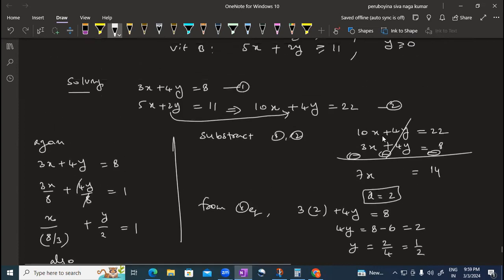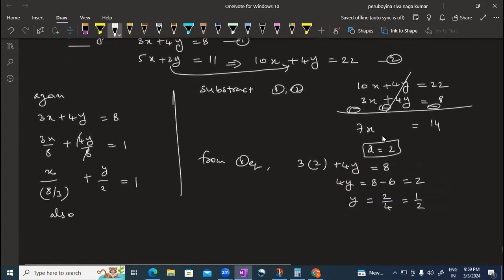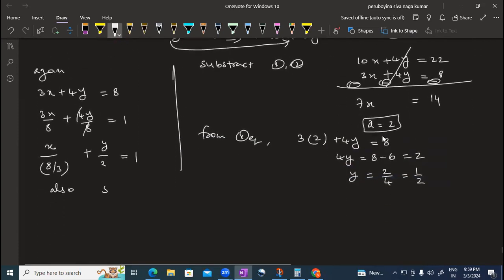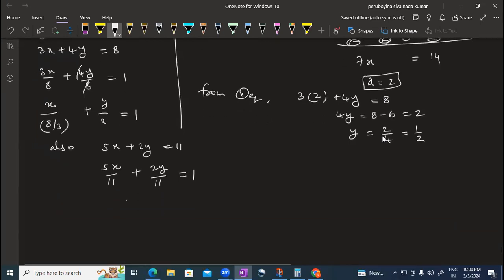Also take the other line, 5x plus 2y is equal to 11. Divide by 11: 5x by 11 plus 2y by 11 is equal to 1. So x by 11/5 plus y by 11/2 is equal to 1.